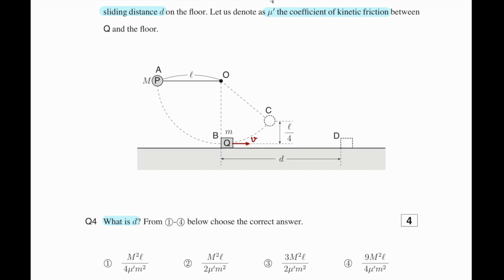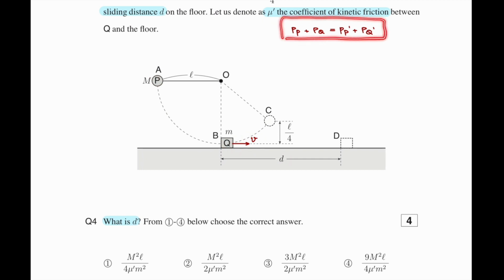So by using the conservation of momentum, I can say that the total momentum of object P and object Q before collision, momentum of P plus momentum of Q before collision must equal momentum of P after collision plus momentum of Q after collision.